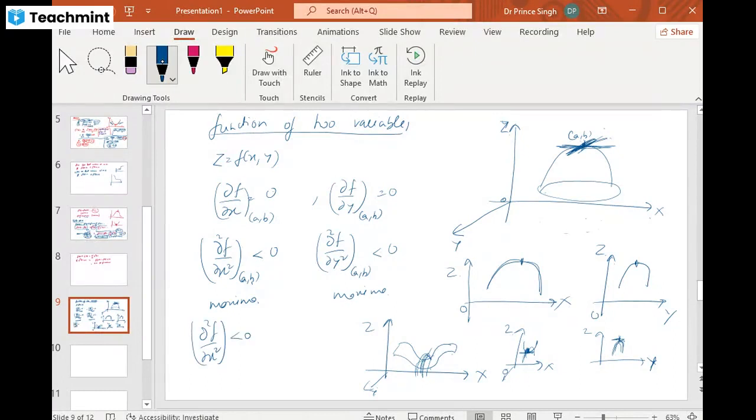Sorry, greater than 0 means it is a condition of minima, and ∂²f/∂y² at the point (a,b) is less than 0. So it is the condition of maxima on one side and minima on the other side. Then that point is called a saddle point because it has a shape like a saddle.